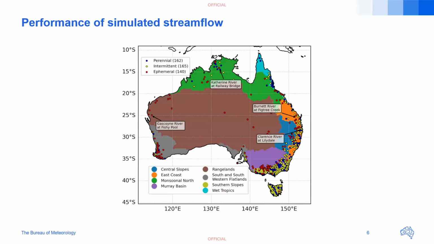And the catchments have been classified into 3 groups, perennial, intermittent, and ephemeral, really to understand the performance of the models for these particular catchments. And also we can see some of the catchments that have been identified for some case studies. I'll show some of the results for those specific catchments.